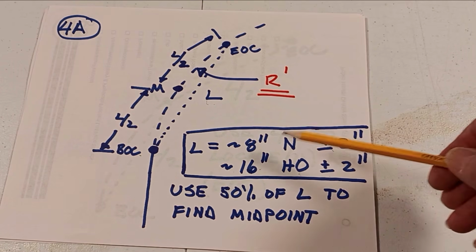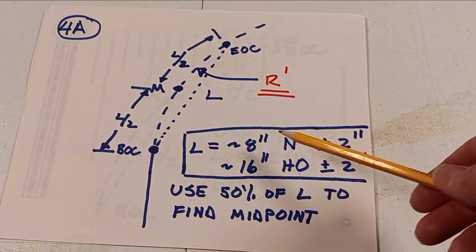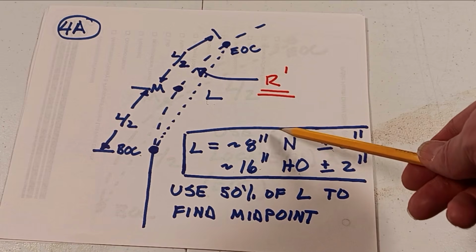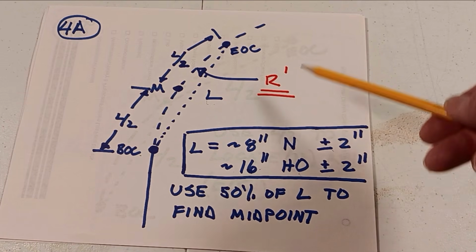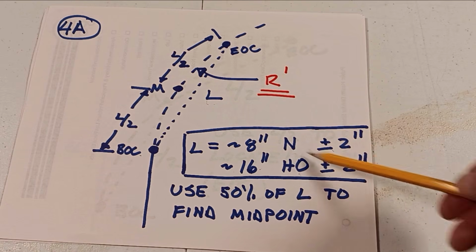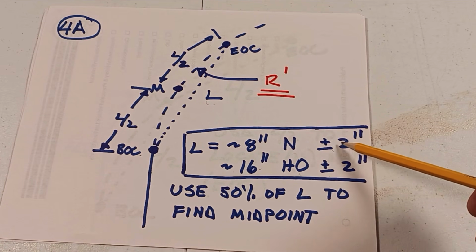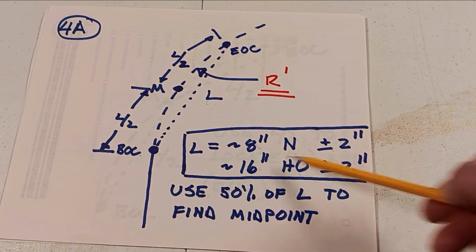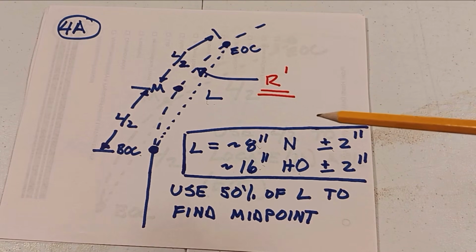Generally, if you're looking at sharper curves, so for instance, if you were running an 11-inch curve, or an 18 or 22-inch curve in HO, potentially you could get away with easements an inch or two less than the 8 or the 16. These are for average length curves.